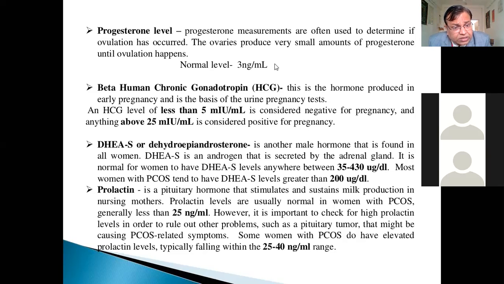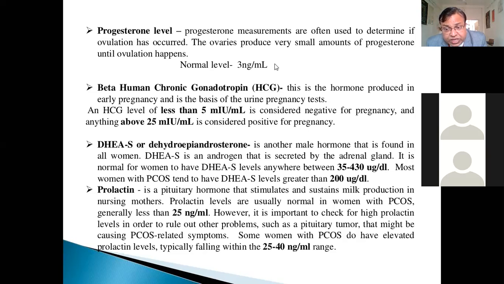Now, prolactin is a pituitary hormone that stimulates or sustains milk production in a nursing mother. The prolactin levels are usually normal in women with PCOS, generally less than 25 nanogram per ml.